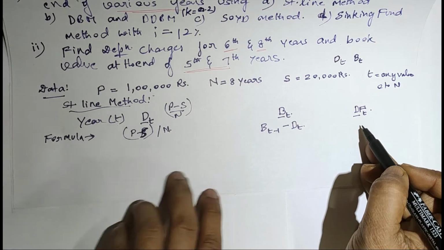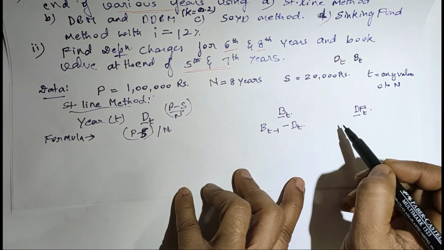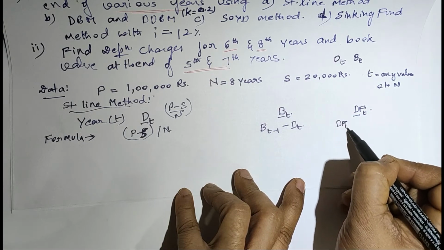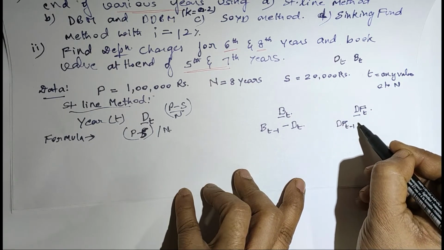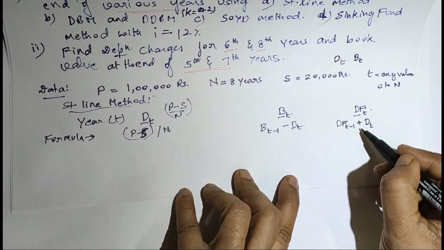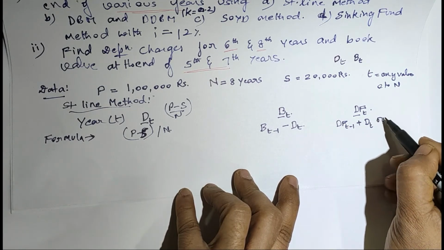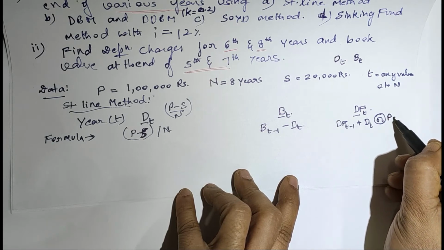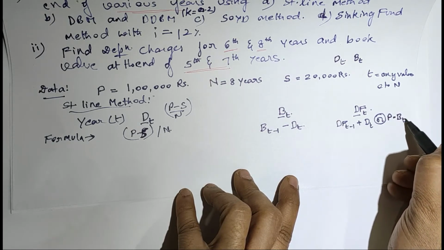For the depreciation fund, two formulae are possible. One is the depreciation fund of the previous year, T minus 1, plus depreciation charges for the Tth year. Plus it is, not minus. Or P minus, that is first cost minus the book value for the current year.